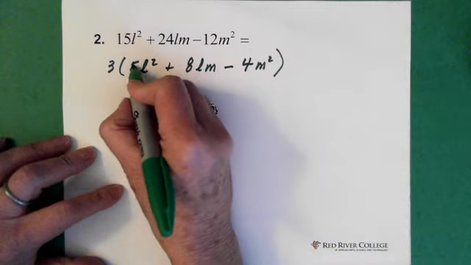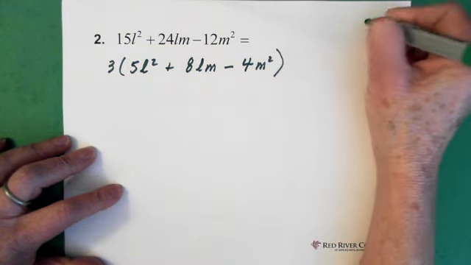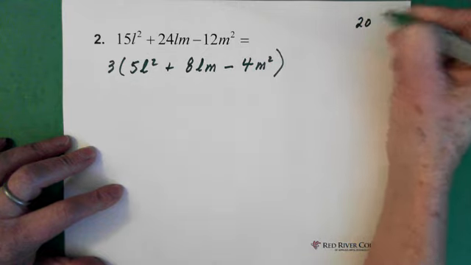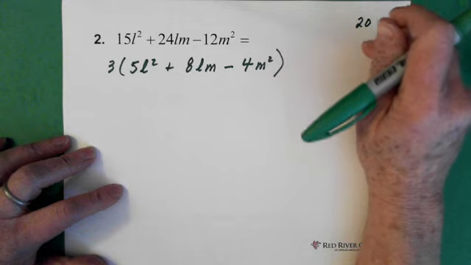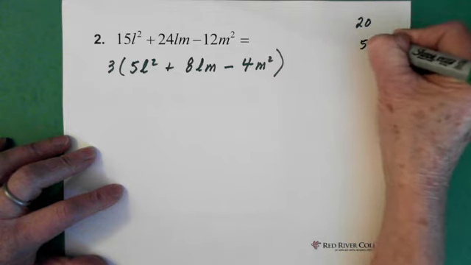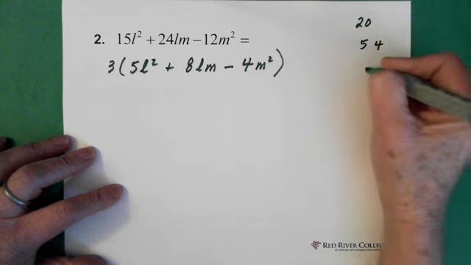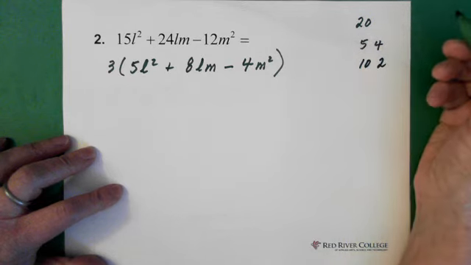Now again, I take the first constant, multiply it by the last one, and I end up with 20. Then I ask myself, what times what will give me 20? Well, I know that 5 times 4 will give me 20. I know that 10 times 2 will give me 20.